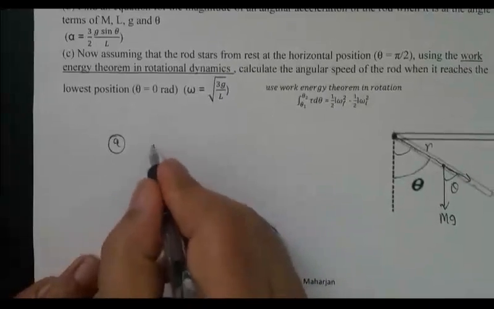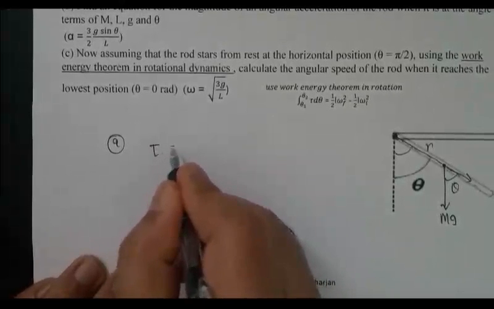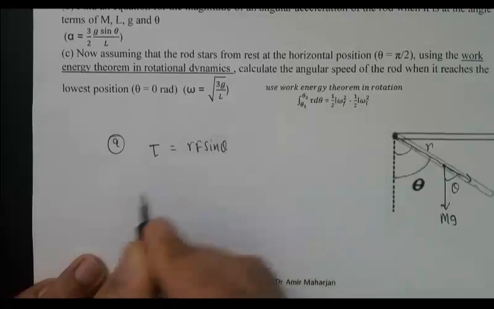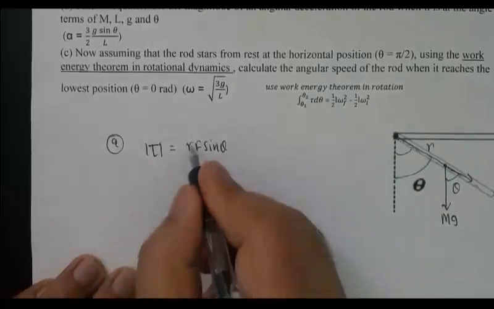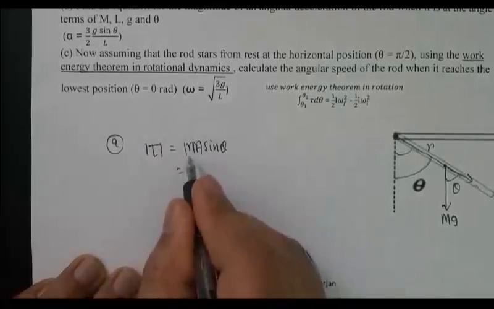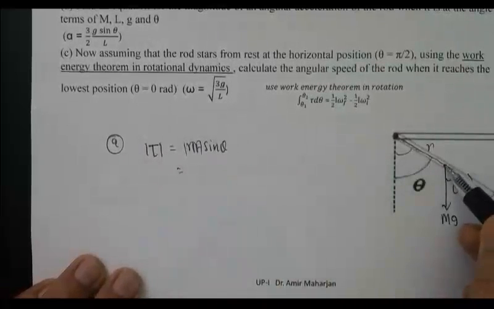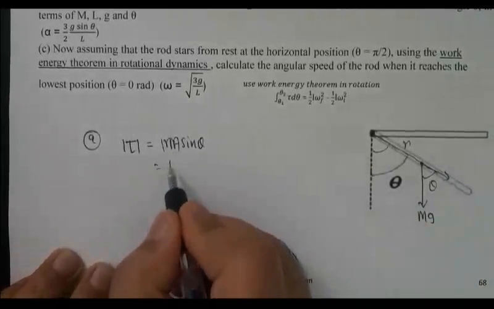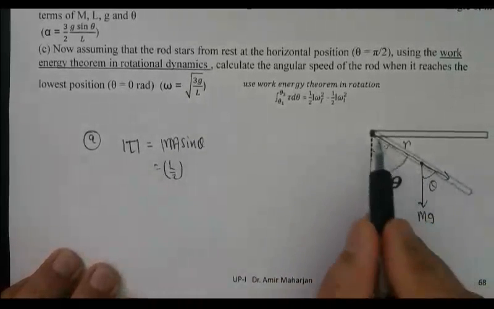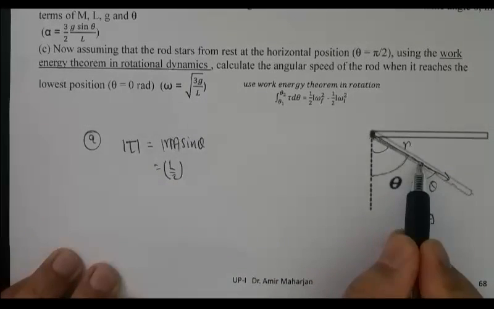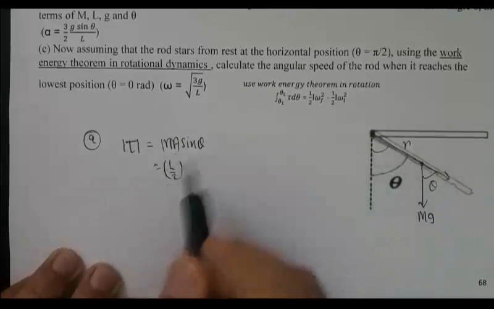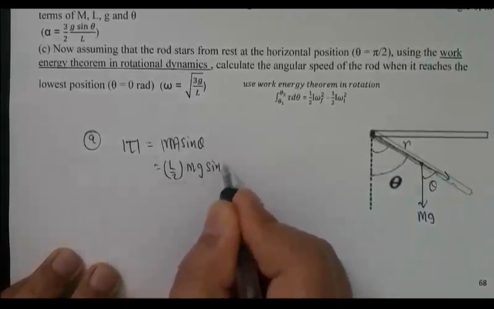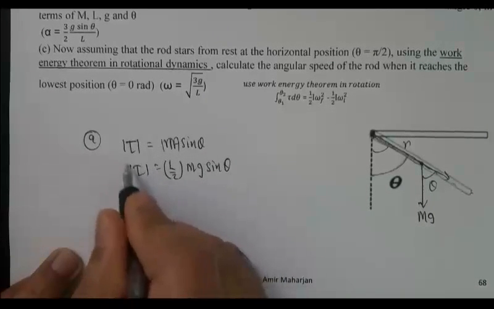So the net torque on the rod is just r F sine theta. We're calculating magnitude. Since the force acts at the center of mass, r is half the length, so the magnitude of the position vector is half the length. The force is just mass times gravity, and sine of theta. That's the magnitude of the torque. That's it.